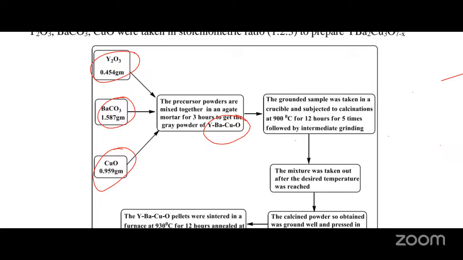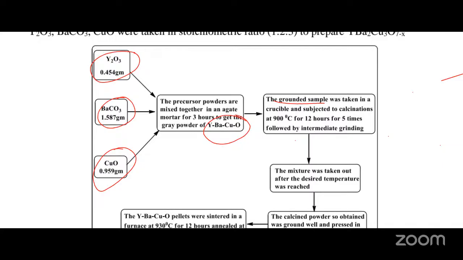Then the sample should be ground, taken in a crucible and subjected to calcination. Calcination means providing high temperature. At high temperature, except metals and oxygens, all the remaining elements become vaporized into gases.